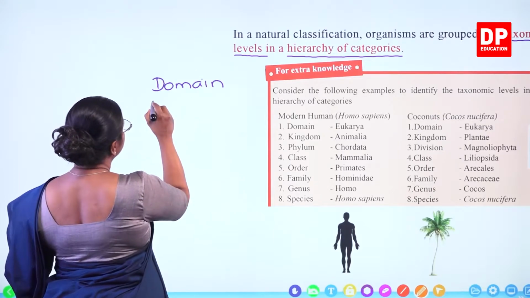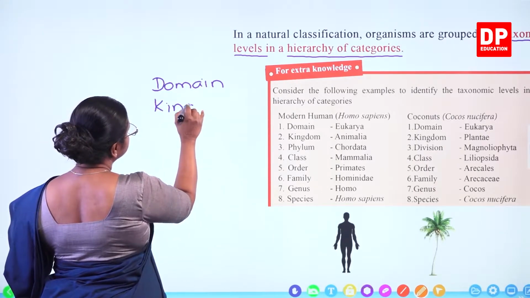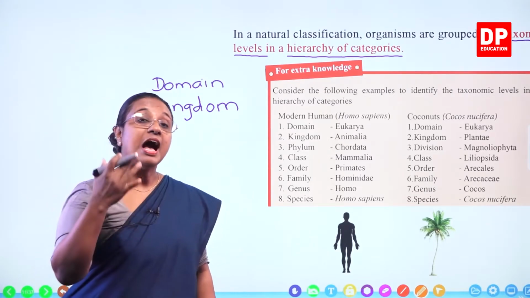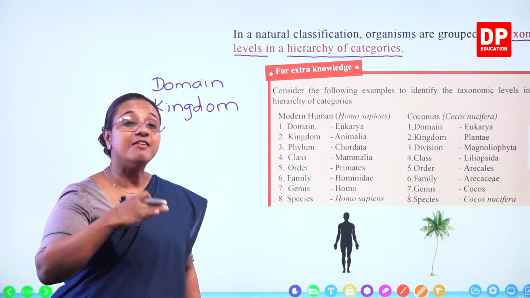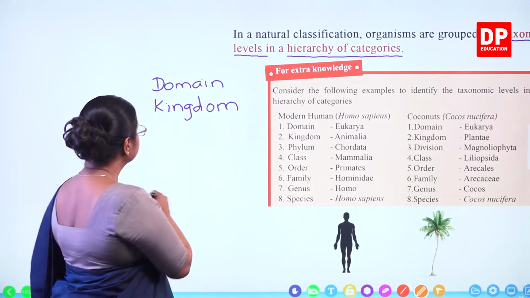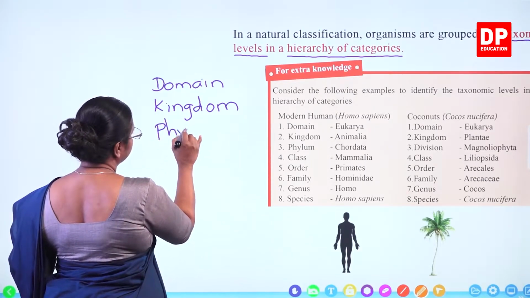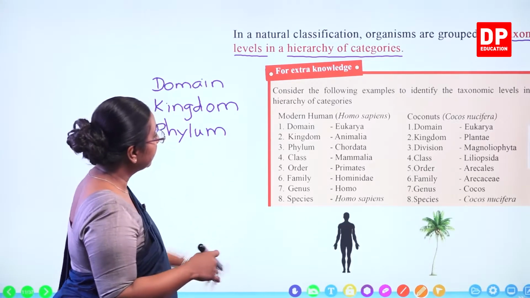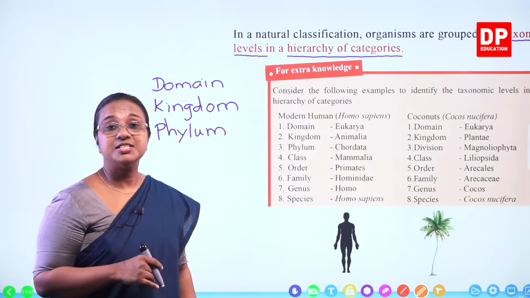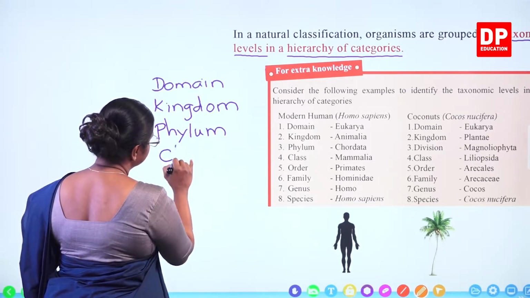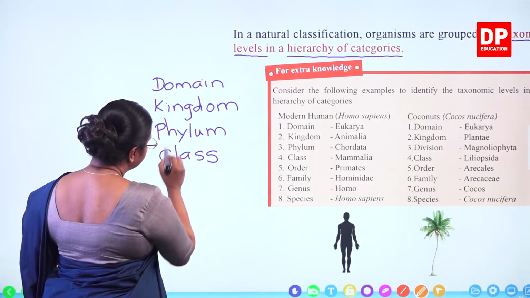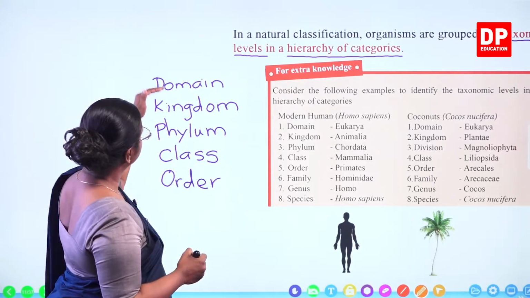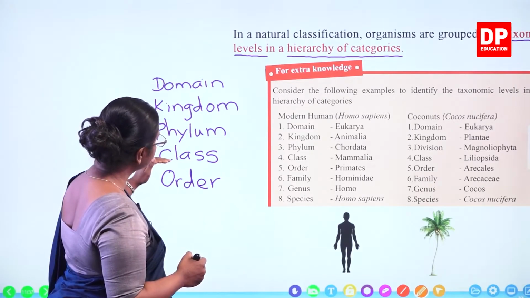So the second level is the kingdom. So we have domain, then we have kingdom. Under kingdoms, we have phylum. That is the next level. Phylum. After phylum, we have the class. Then thereafter, we have the level called order. So domain, kingdom, phylum, class, order.